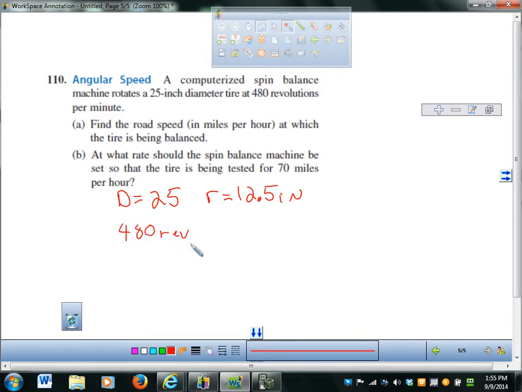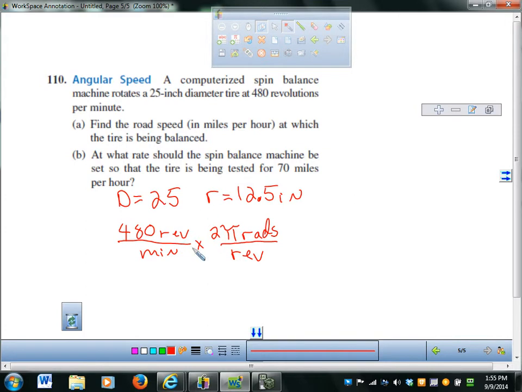It's doing 480 revolutions per minute, and there are 2 pi radians in each revolution. So this is theta. This expression on the top is revolutions, 480 revolutions times 2 pi.